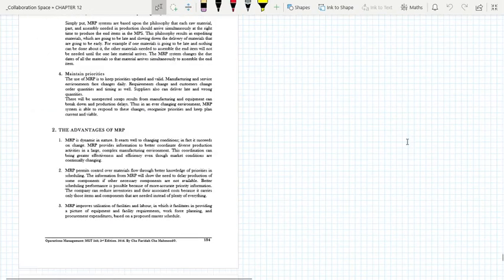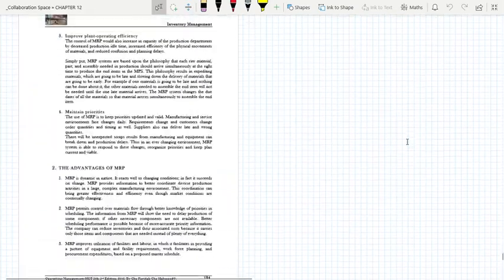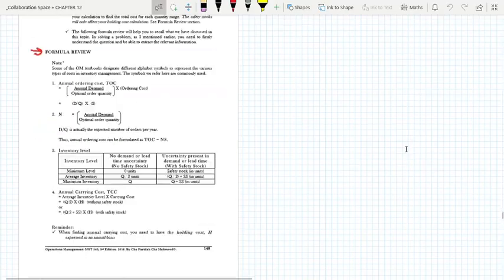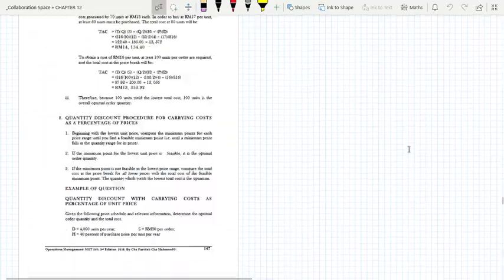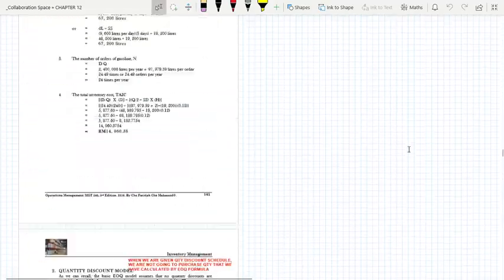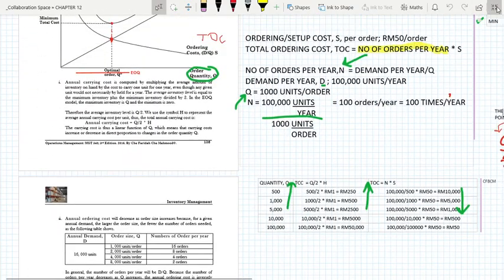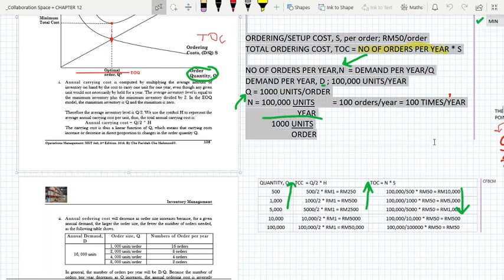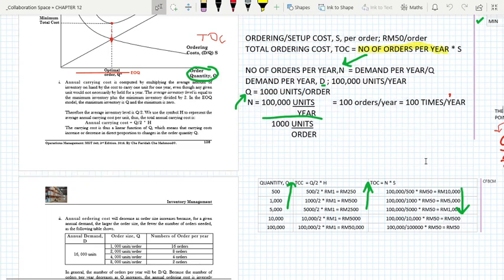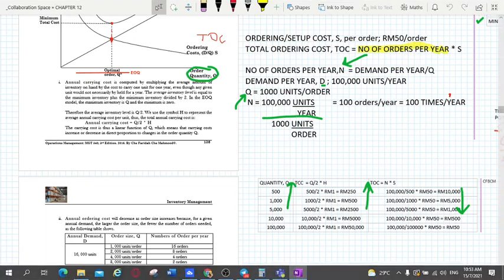Nak jawab soalan ni, cepat. Siapa yang nak jawab ni? Saya tak nampak lagi. Takes a while, it's loading.